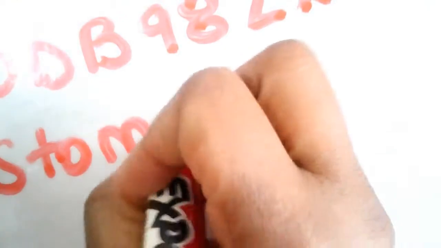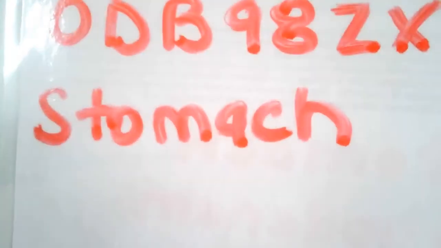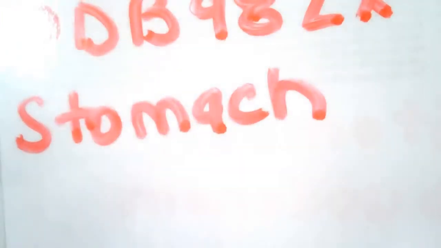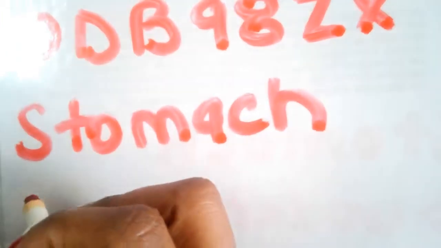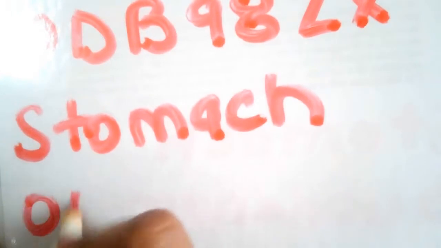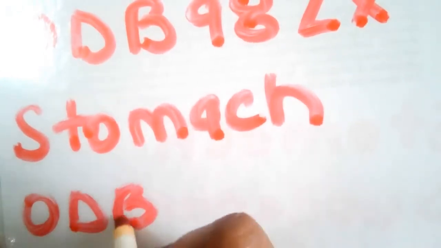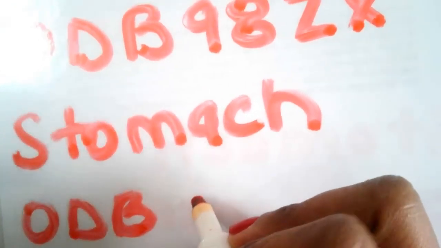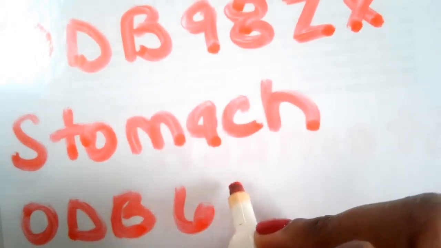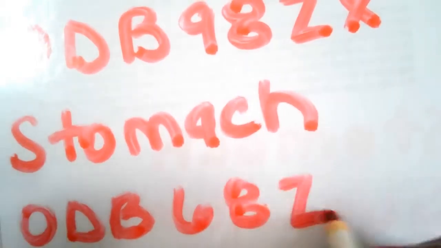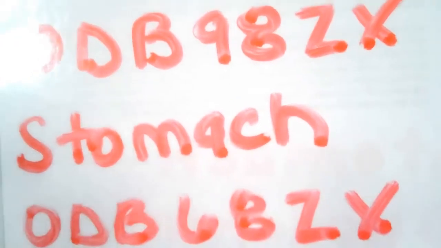So final code here again, and this is for my stomach. And guys, I'm just writing the body parts out on here so that you can see them. But when you are turning in a code for coding and billing purposes, you don't list the words, okay? So 0DB68ZX.